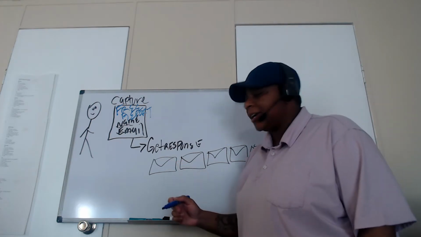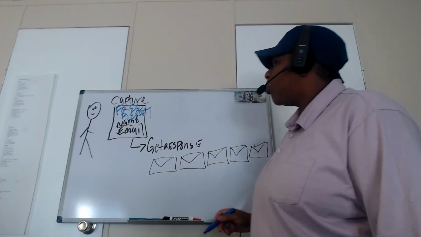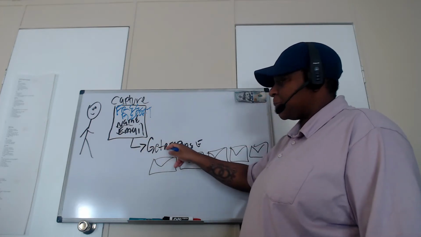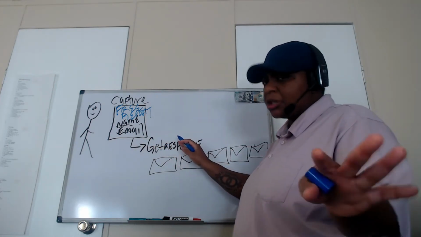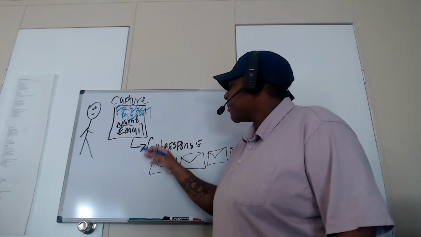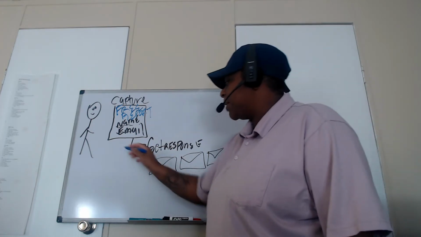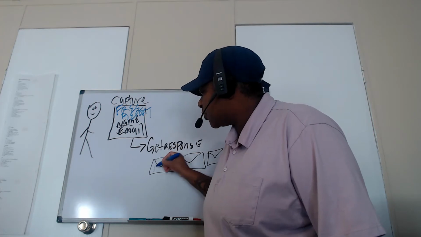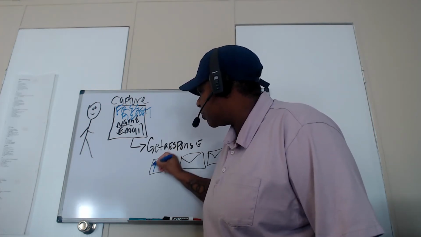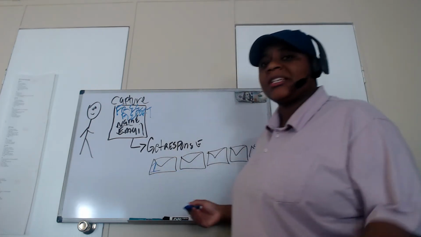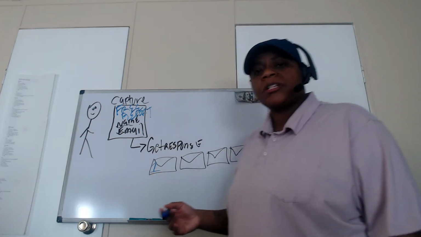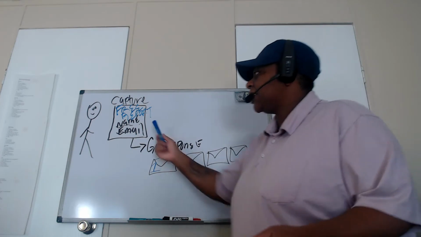Listen to me now, what'll happen is when the name and email address drops into your GetResponse list, and don't worry, I'm going to show you how to make this, the first email will go out. This would be email number 1, and this email can actually deliver the lead magnet, whatever free report you told the person you were going to give them.